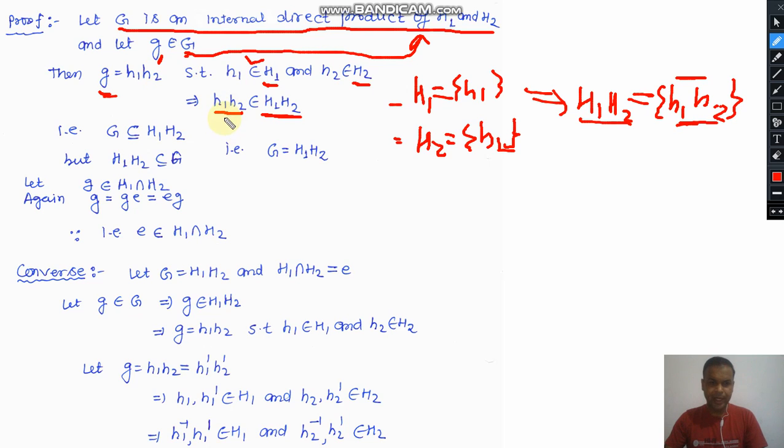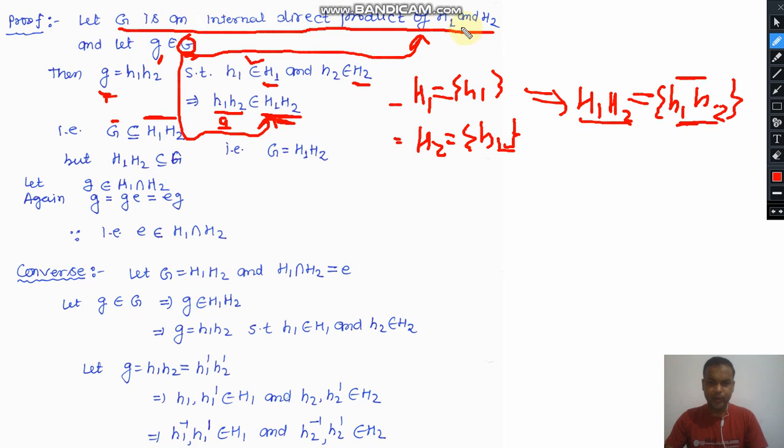Here we can see that this is equivalent to g, and we are assuming any element in capital G and we are expressing that element in H1H2. It means every element of this group G is available in H1H2. So G will be a subset of H1H2. On the other hand, we are saying that this G is the internal direct product of H1 and H2.